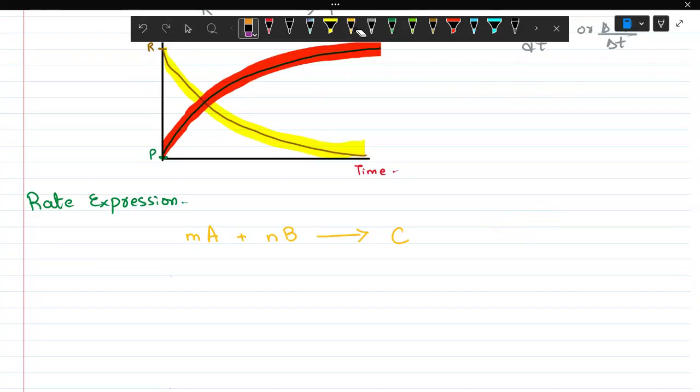So why? You said that the change in the concentration of product, we can say that the change in the concentration of product as well, but we will be discussing about the rate expression. Why? Let me tell you a law here.